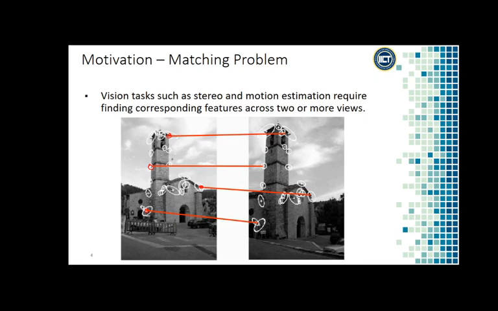But if you consider this patch, of course, you can get it here, here, here, or here. So the problem is that these patches are not so distinctive. And if they are not distinctive, there will be many false positives. We already discussed in the edge detection lecture that there are many false edges.